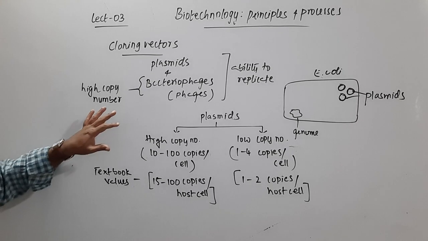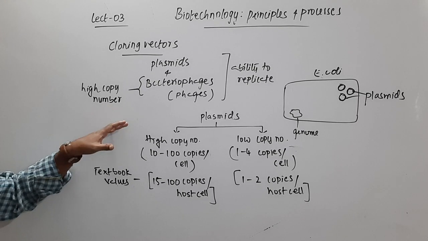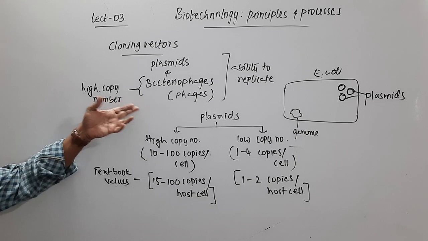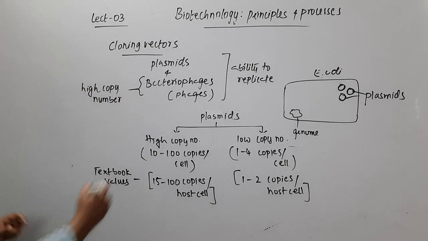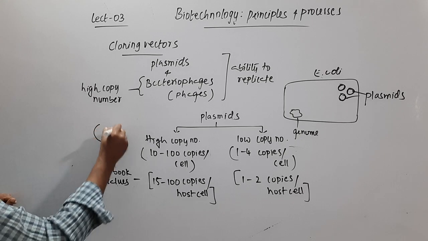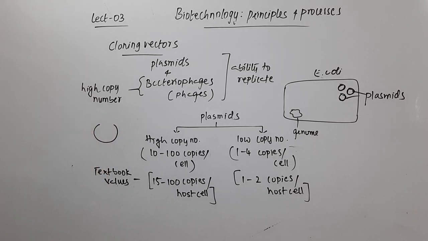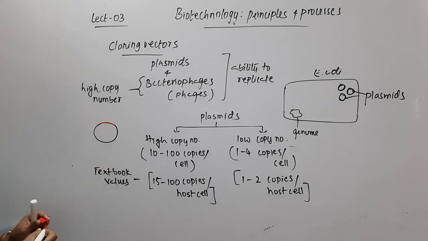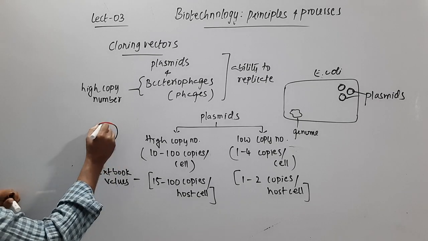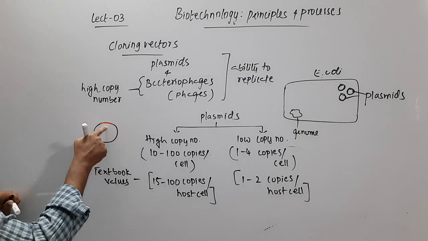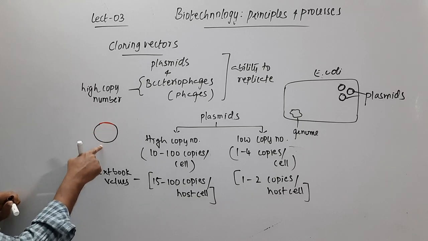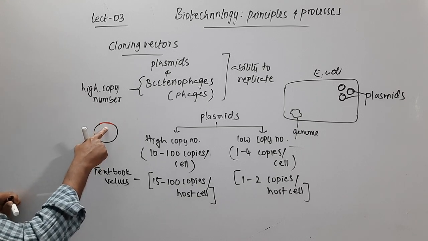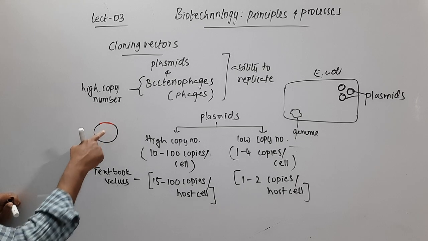Now, if I'm going to link the gene of interest either with the bacteriophages or with the plasmid, say this is the plasmid which I have taken, and to this I'm going to link the gene of interest. Now this piece of DNA that I have linked with the plasmid will also multiply, based on the copy number.